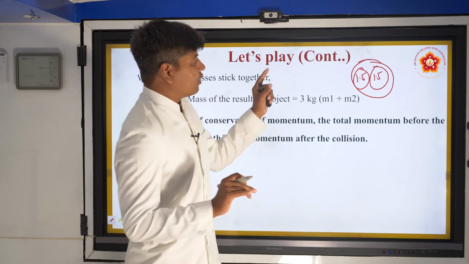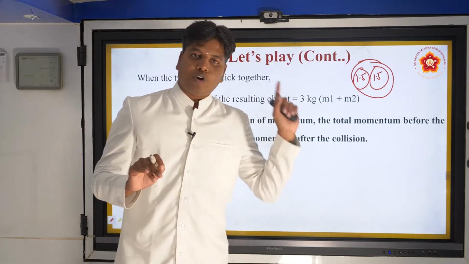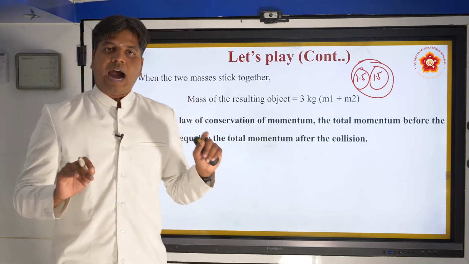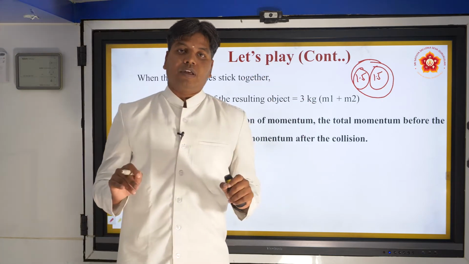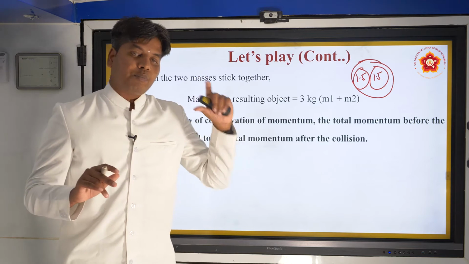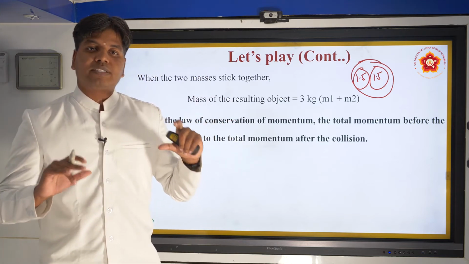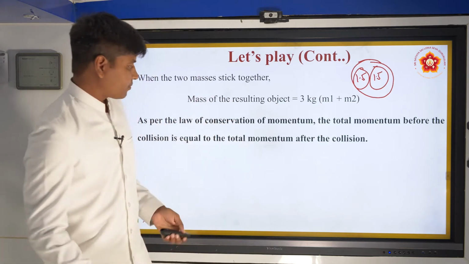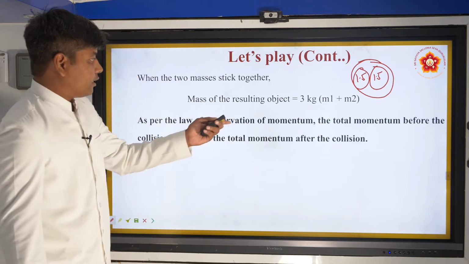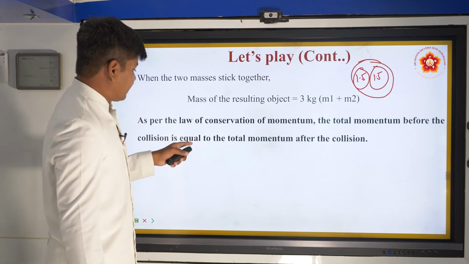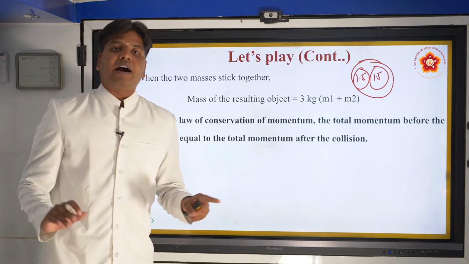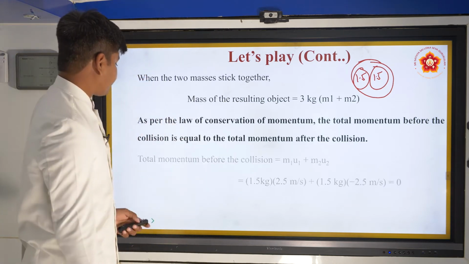Before collision, we know each object's velocity. After collision, we want to know the combined object's velocity. But one thing we know is that momentum must be conserved. So the total momentum before the collision is equal to the total momentum after the collision.